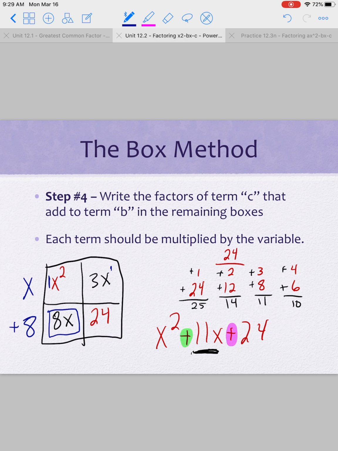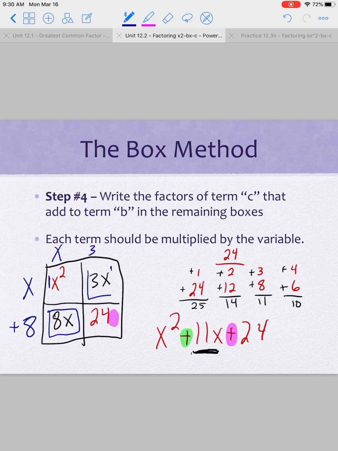And now I'll start with my columns. Greatest common factor of x squared and 8x. Once again, it's just going to be x. Greatest common factor of 3 and 24 is 3. I'm not going to have an x as a part of my greatest common factor here because this doesn't have an x with it. It can't be a part of my greatest common factor if they don't have it in common.